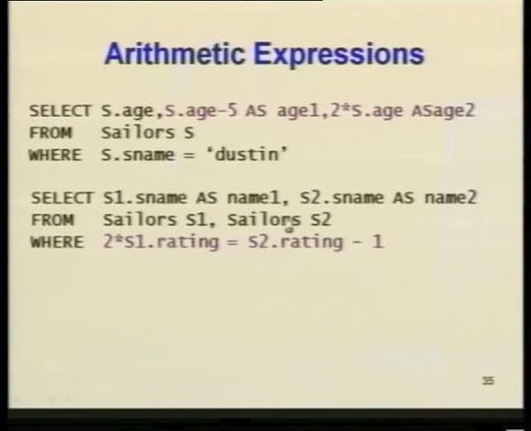Sailors S1 and sailors S2, and what we are saying is that 2 star S1 dot rating is equal to S2 dot rating minus 1. So this is minus 5, this is 2 into, and so on. These types of arithmetic expressions are also allowed in SQL.